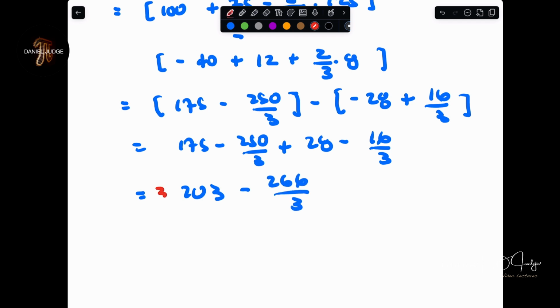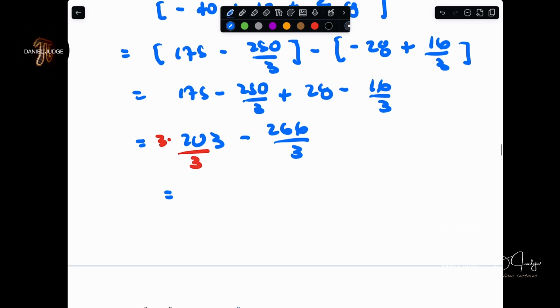So doing some more arithmetic here, we'll end up with 203 times 3, 609/3, minus 266/3. 609 minus 266 is 343/3. All right. So it looks like it's okay here.